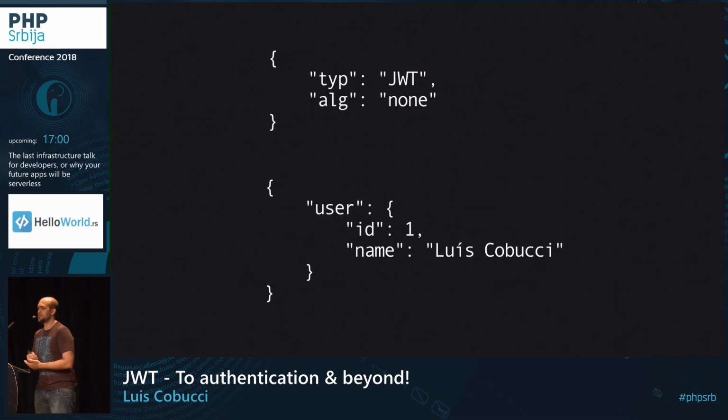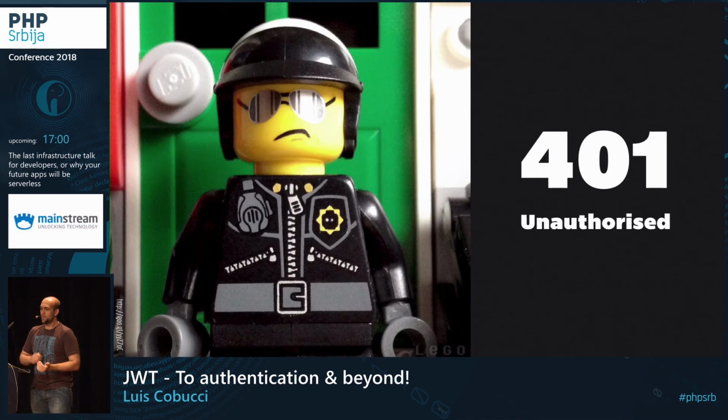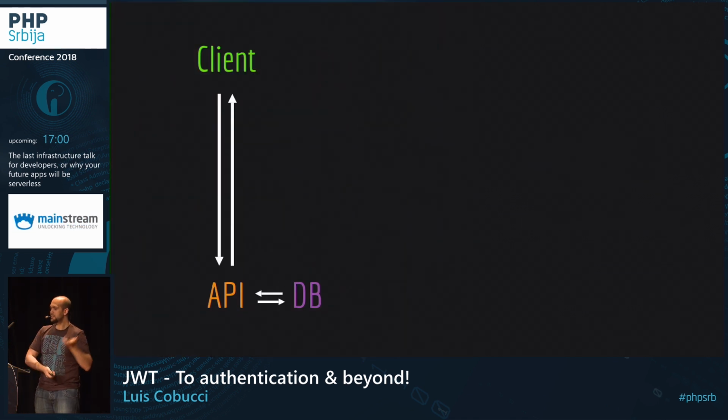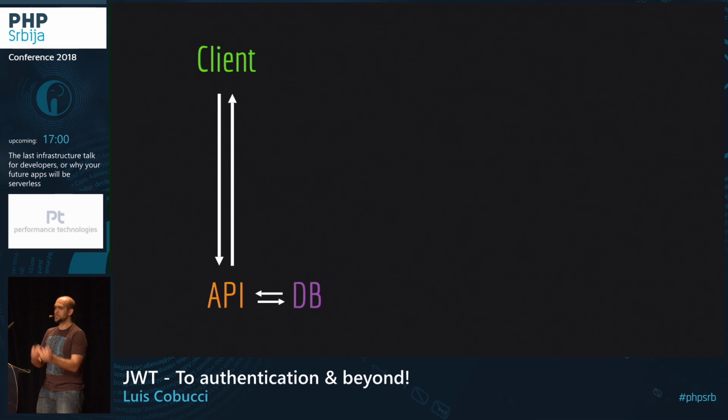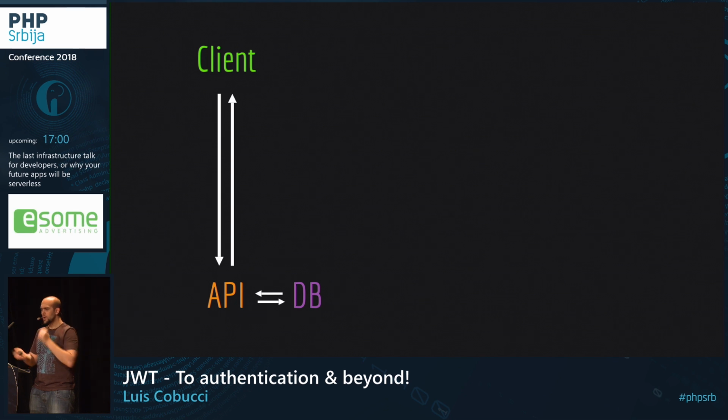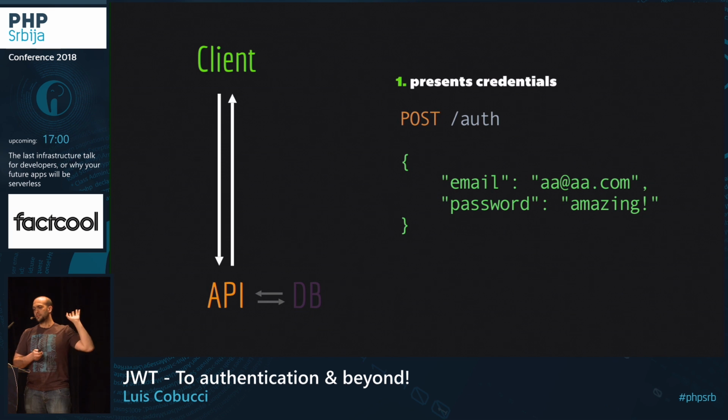The first and the most common use case is authentication, where you have the client of your API, and that communicates to a database. So instead of doing just a post request and changing that for a simple token, we're going to do that using JSON Web Tokens. The authorization request is essentially the same.